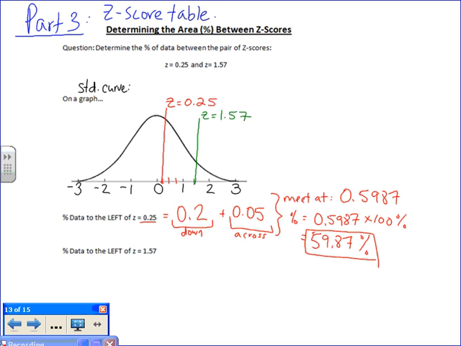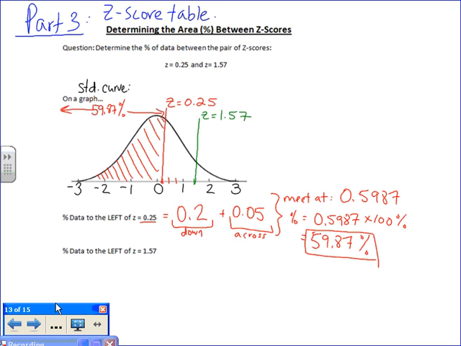So 59.87% of the data would be this shaded area right here. From here to the end of my curve represents 59.87%.